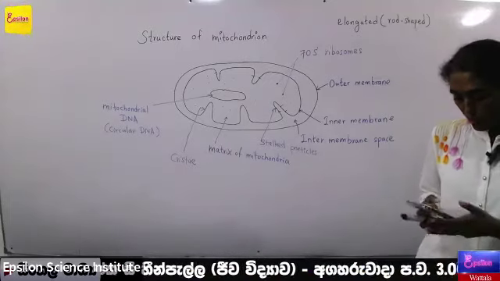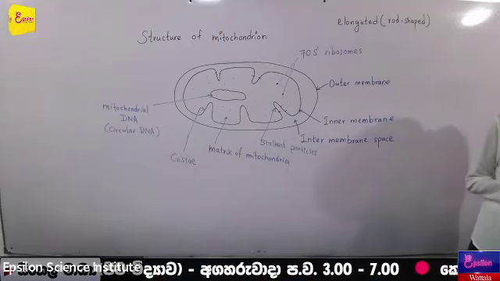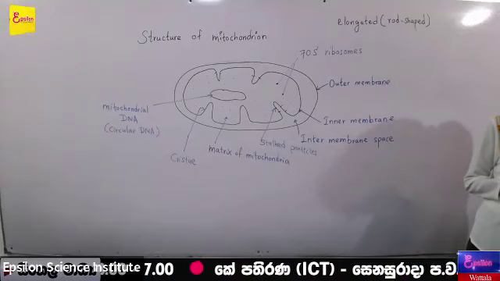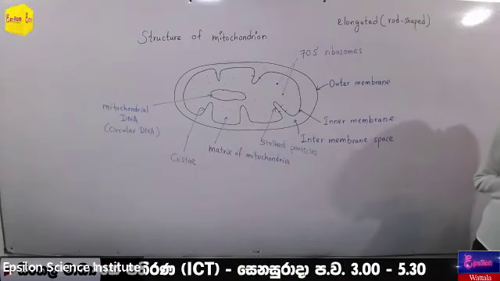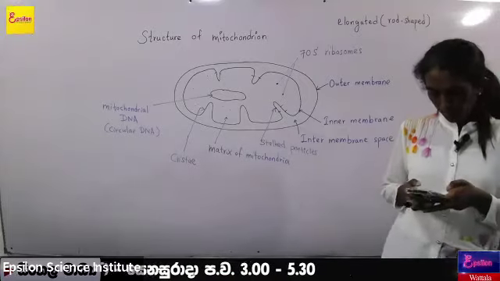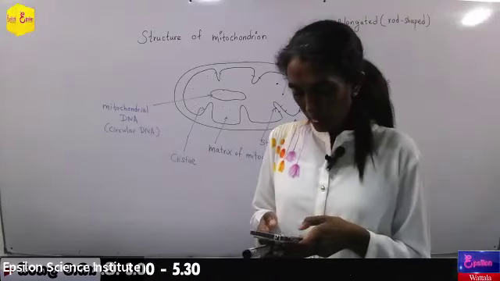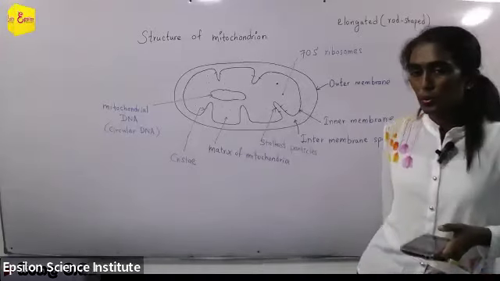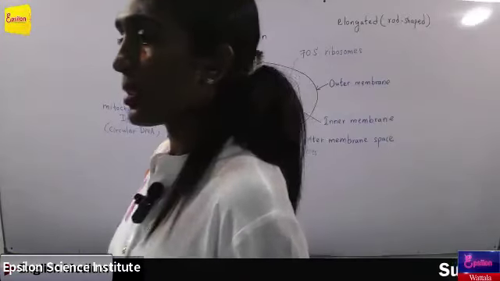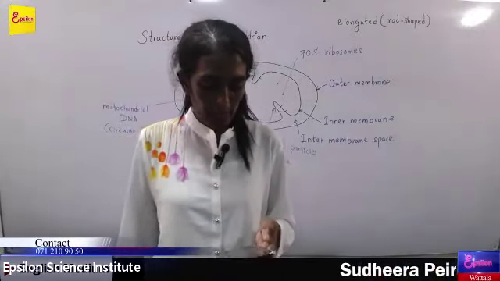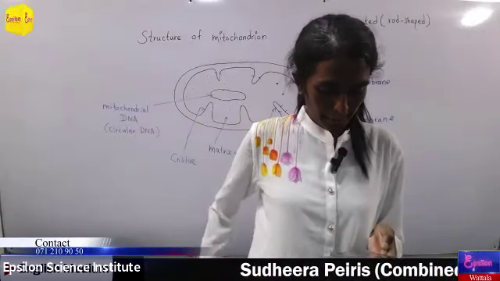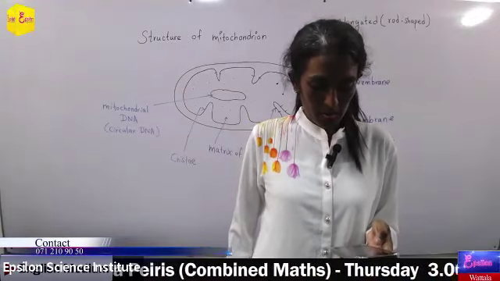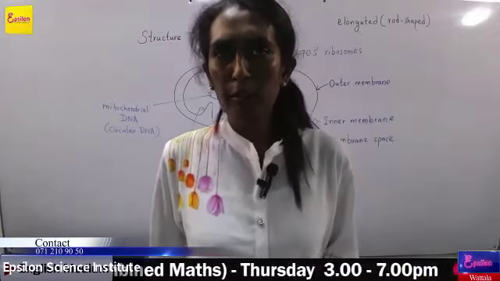Number three, outermost membrane is smooth. Next one, but the inner membrane is convoluted to form cristae.